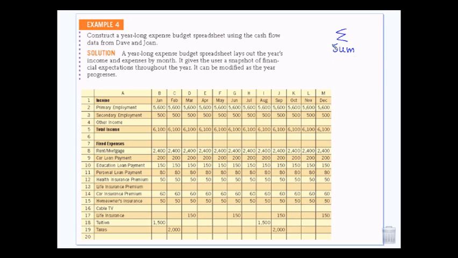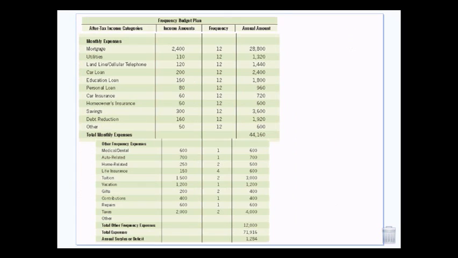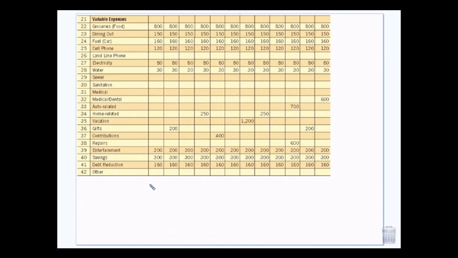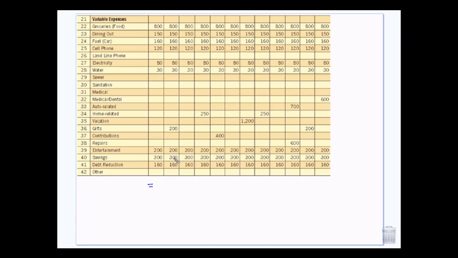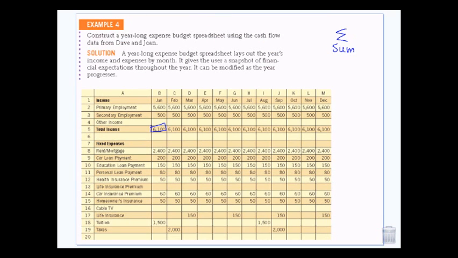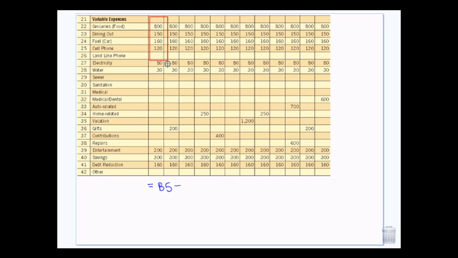So I could come here at the very bottom and put in equals, or I could do the sum, and then I click this square right here, so that's B5, and then I hit minus, and then I highlight all of that all the way down, and then I click enter, and it would subtract all of that from my income and give me whatever my balance left over was.